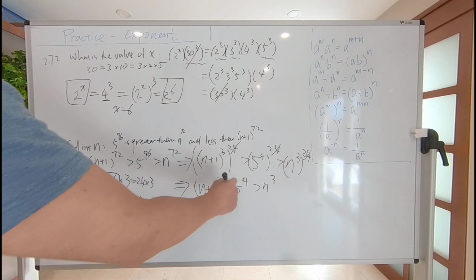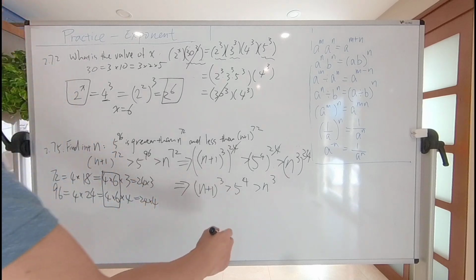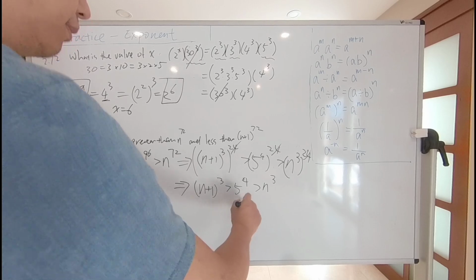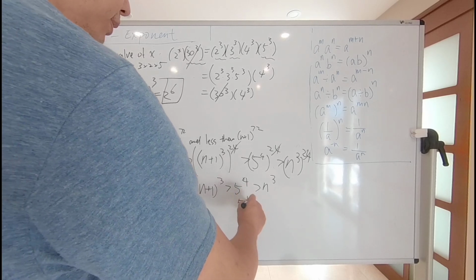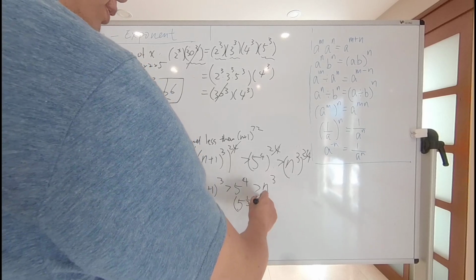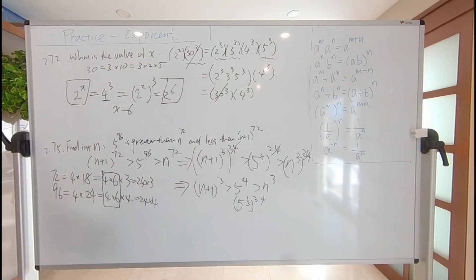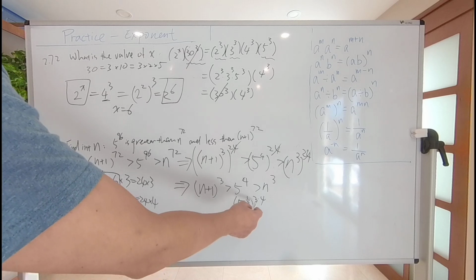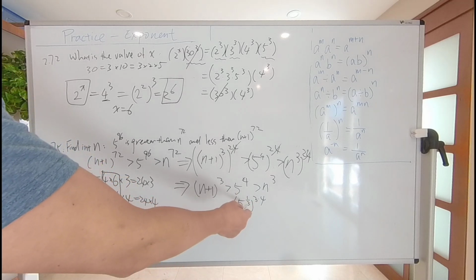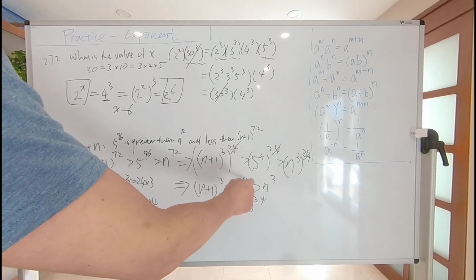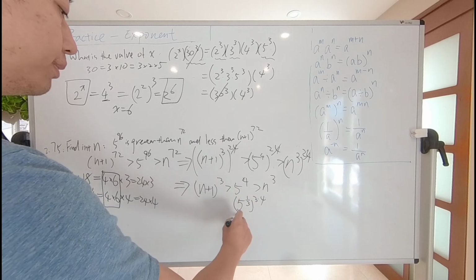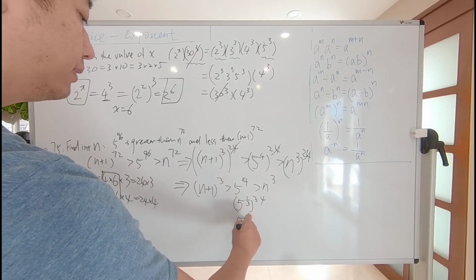Starting from here, it's not necessary to be an integer anymore, but if we just keep the format, this would be equal, because I just created a 3rd power by multiplying another 1 over 3, because 3 times 1 over 3 equals 1. 1 can be multiplied in anywhere. So then I'm moving the number 4 back inside.